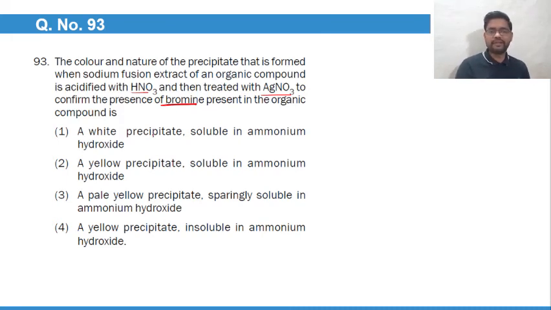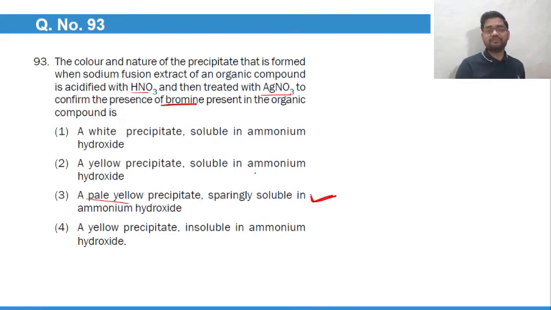White precipitate is for AgCl, yellow is for silver iodide, which is insoluble in ammonium hydroxide. Pale yellow, I can see this, and there is no other pale yellow option, so I'll freely mark 93, option number 3.